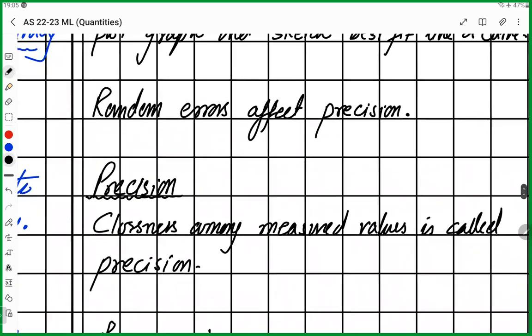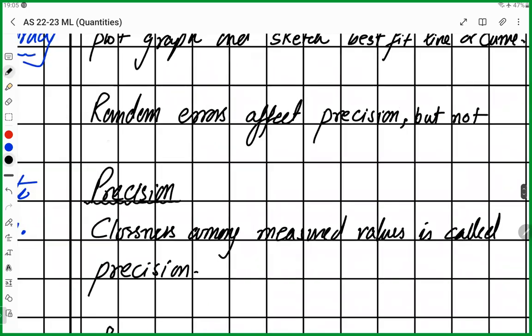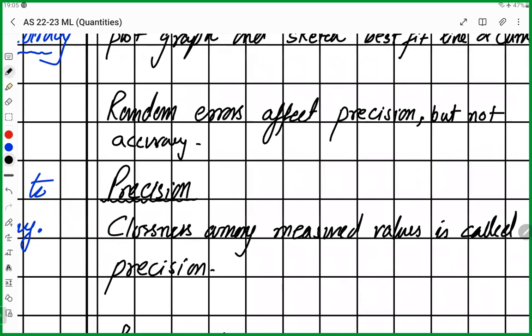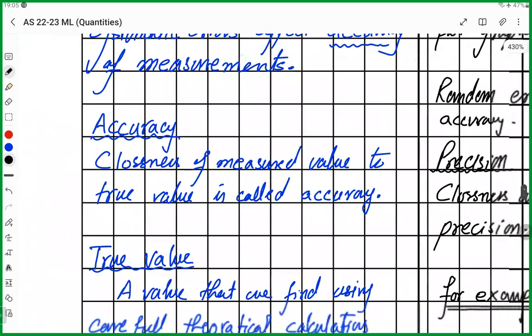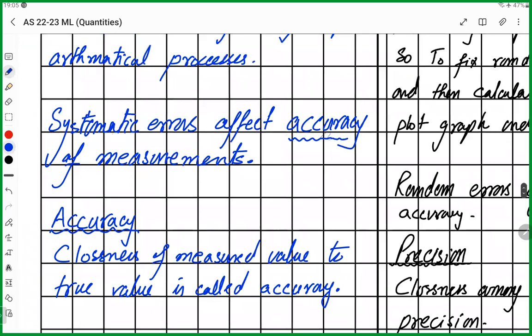Random errors affect precision, but not accuracy. And systematic errors affect accuracy of the measurement, but not precision.